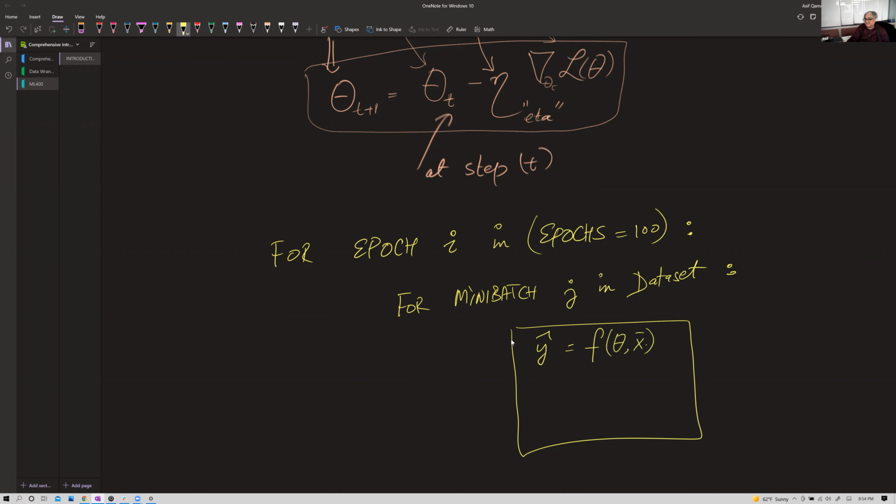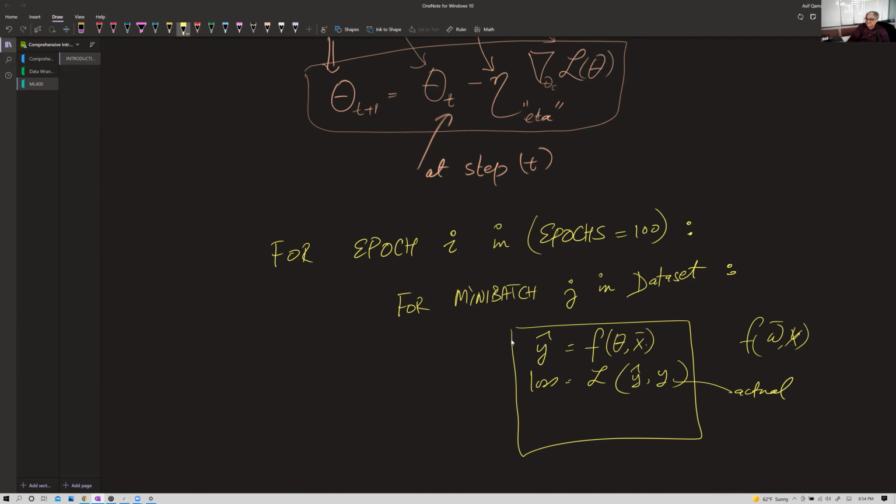Input goes in, given whatever parameters you have, the same as whatever weights you have, you realize that the output is a function of the input and the weights. That is step number one. The next is loss. Loss is some loss function of y hat and y, the actual labels. This is the prediction, this is the actual.